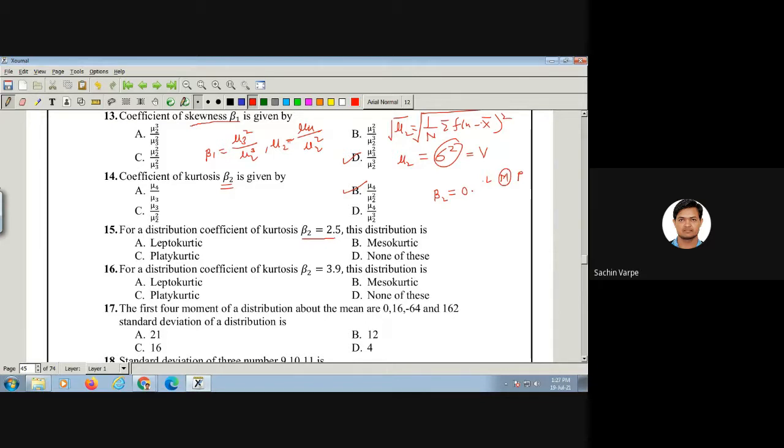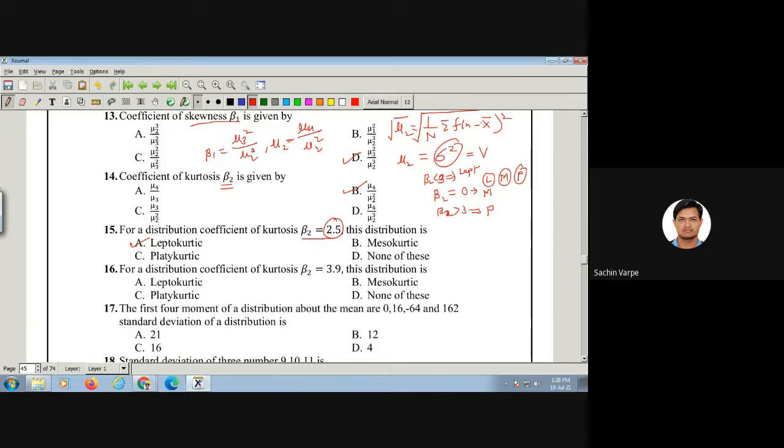If beta 2 is less than 3, then that will be a leptokurtic curve. And if beta 2 is greater than 3, then that will be a platykurtic curve. So this is less than 3, so the curve is leptokurtic.